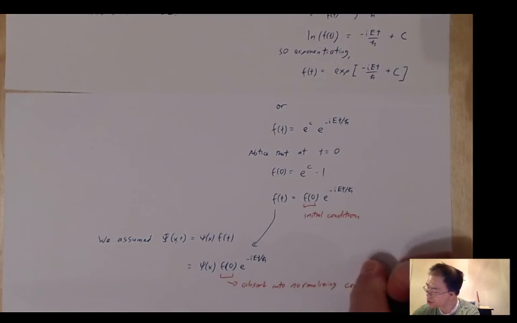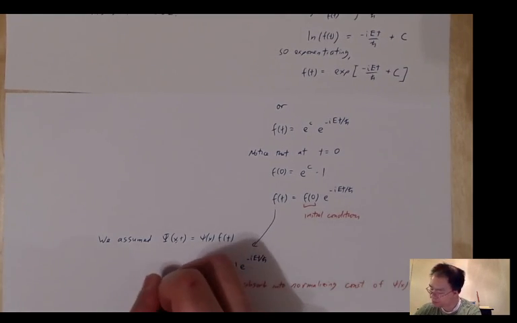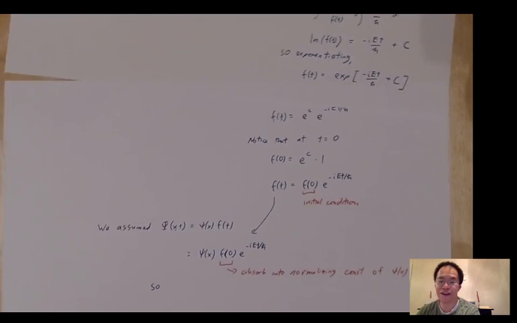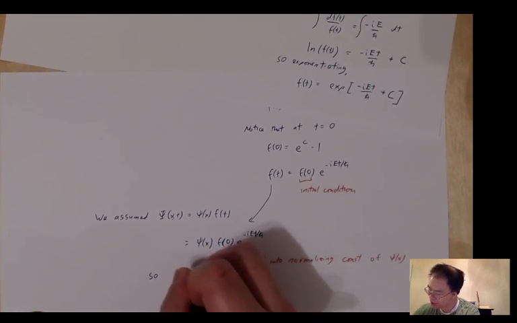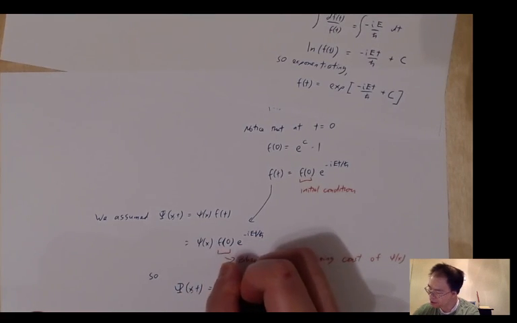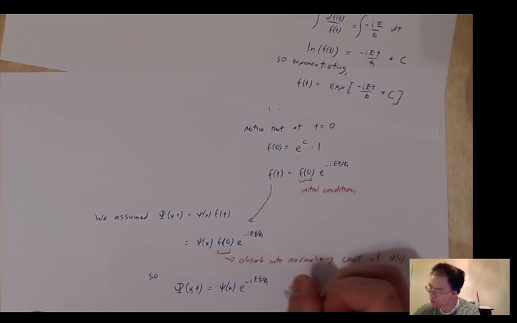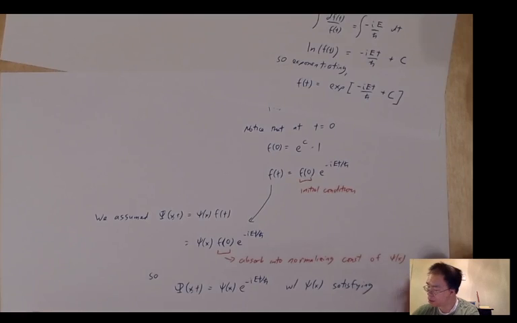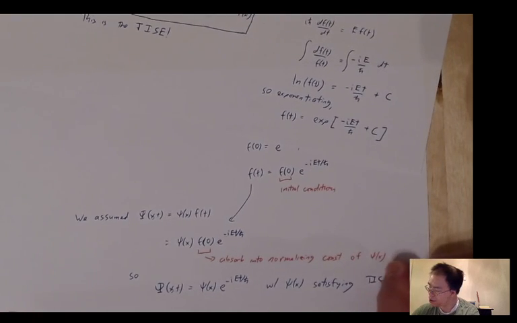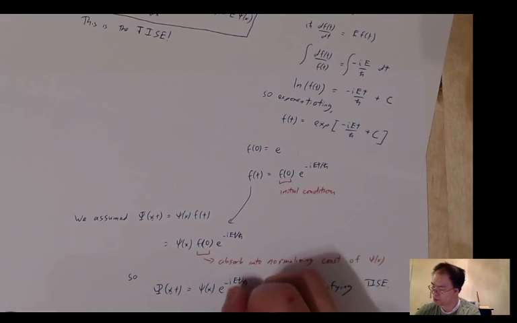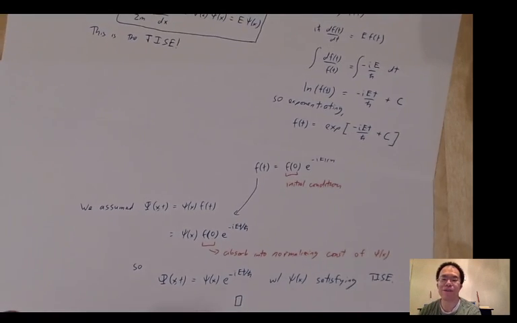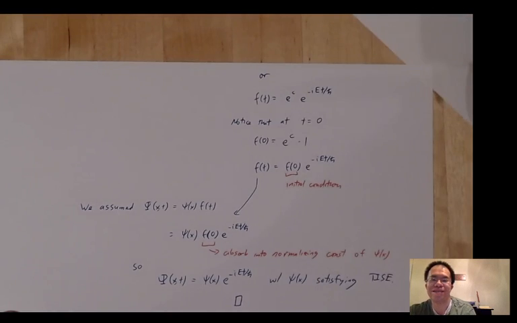And so we finally reach the punchline. We in fact have capital psi of x, t equals psi of x e to the minus i E t over h bar, with psi of x satisfying our time-independent Schrodinger equation, and we are done.